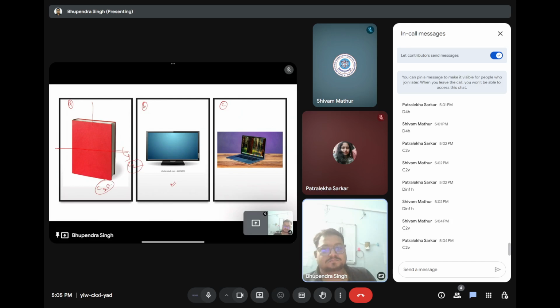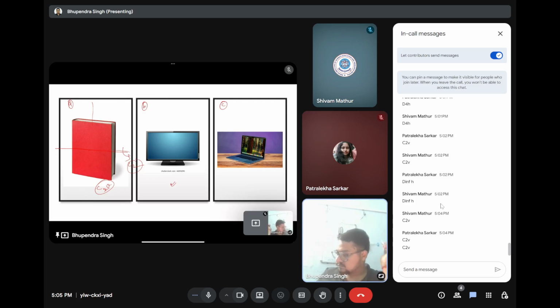Desktop. Is it C2V? Is it really C2V? I think you are considering this is your C2 axis, right?